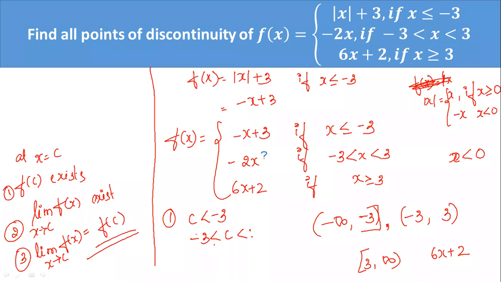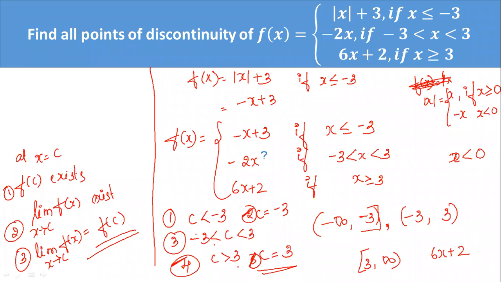Then c equal to minus 3. C equal to 0 is not needed, Sahana. Then c greater than 3. And one more is c equal to 3. So this is the second case, this is the third case, this is the fourth case, and this is the fifth case which you have to discuss.